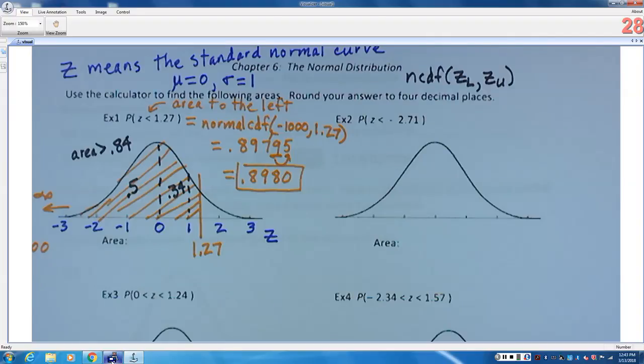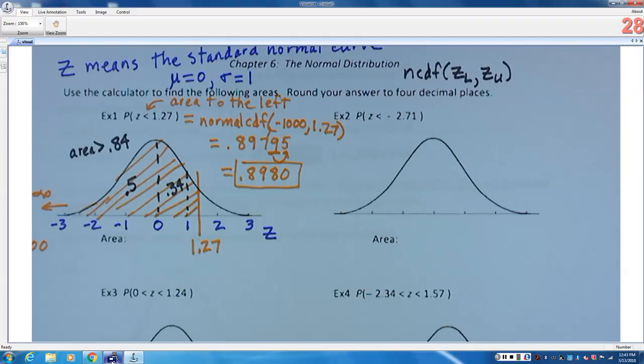So see if you can do the next one. Mark it, shade and label, and see if you can find that next area.